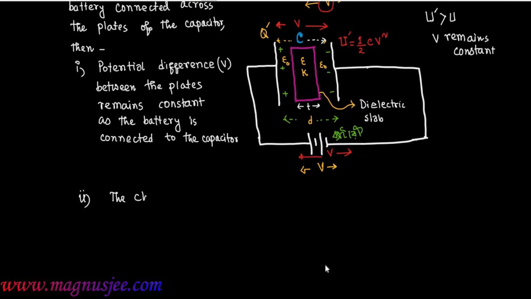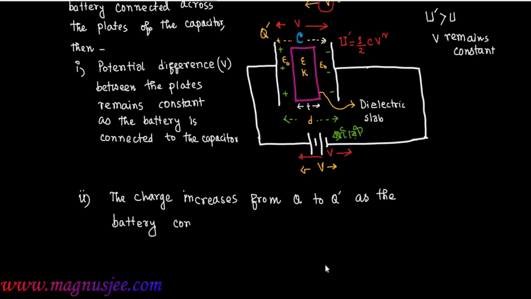Number 2, the charge on the plate of the parallel plate capacitor increases from Q to Q prime as the battery continues to supply charge to the plate of the capacitor.